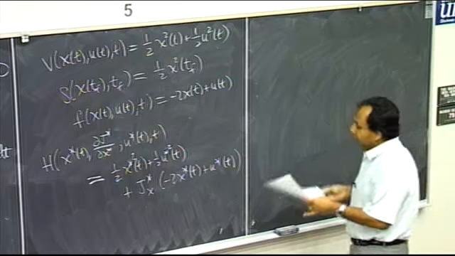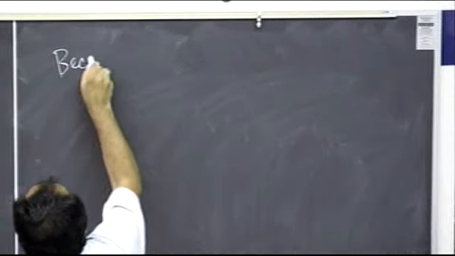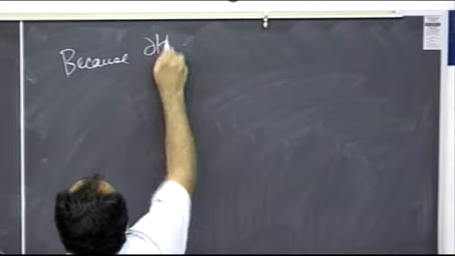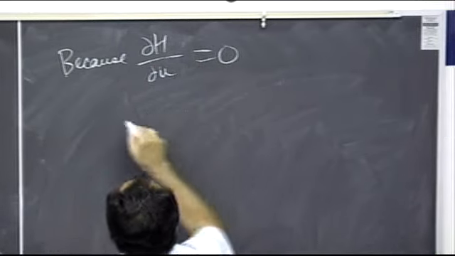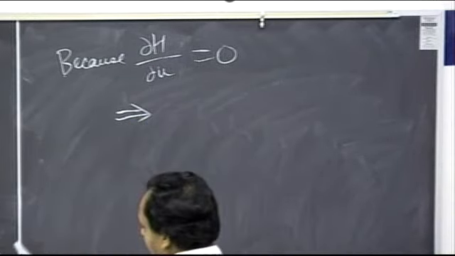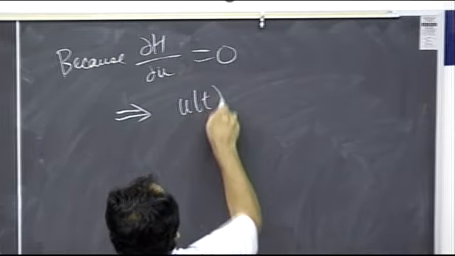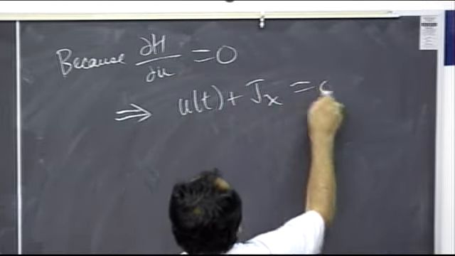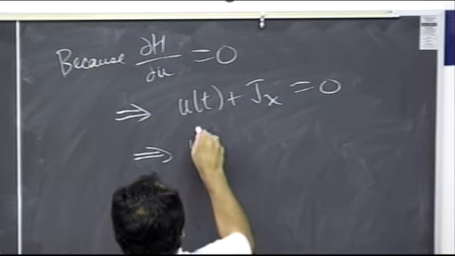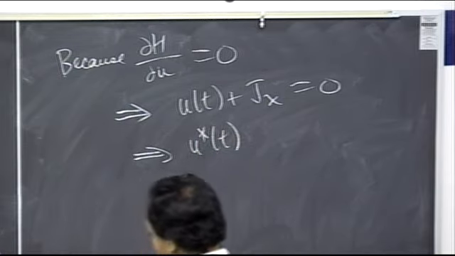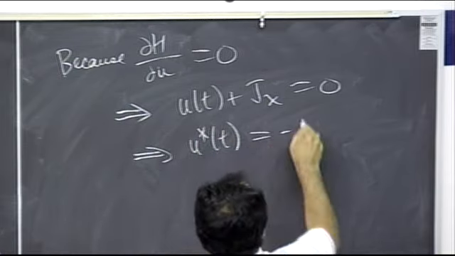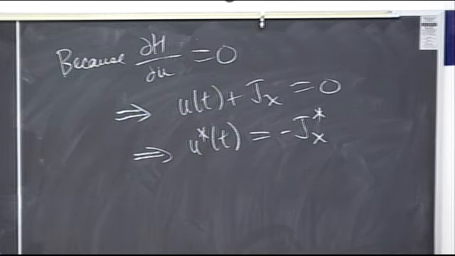Now, because the optimal control is obtained from dH/du equals 0, what that tells me is u of t plus jx has to equal 0, which tells me u star of t has to equal minus jx star. That just comes straight from taking that Hamiltonian and differentiating it.